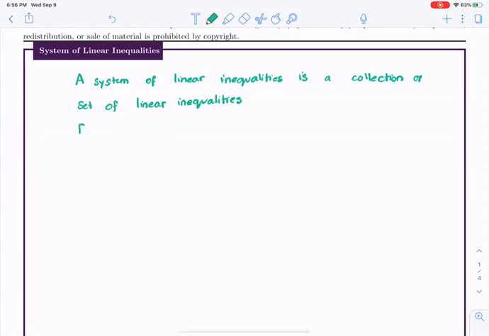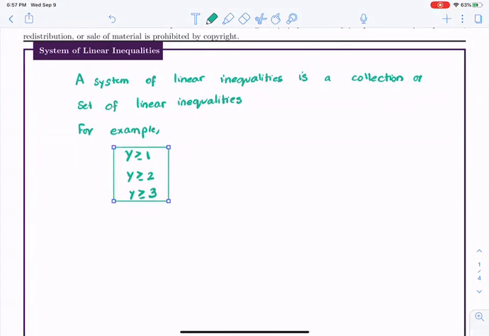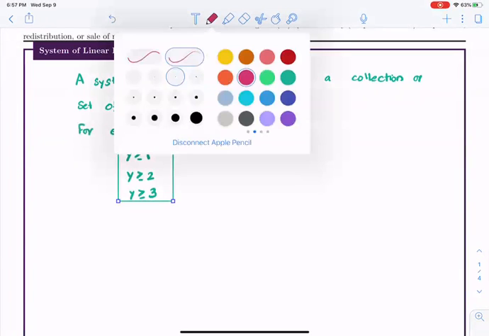For example, if I had y greater than or equal to 1, y greater than or equal to 2, y greater than or equal to 3, then all of them together is what we call a system of inequalities.